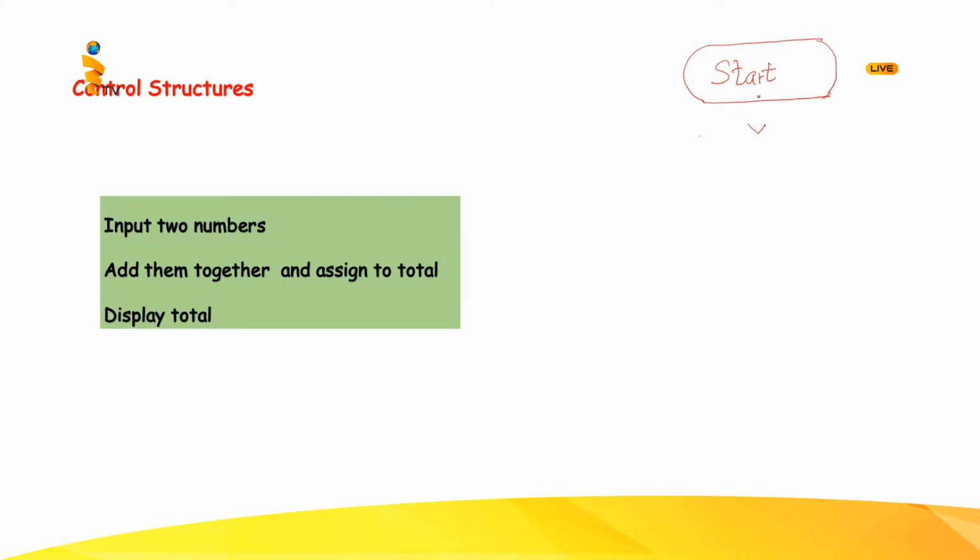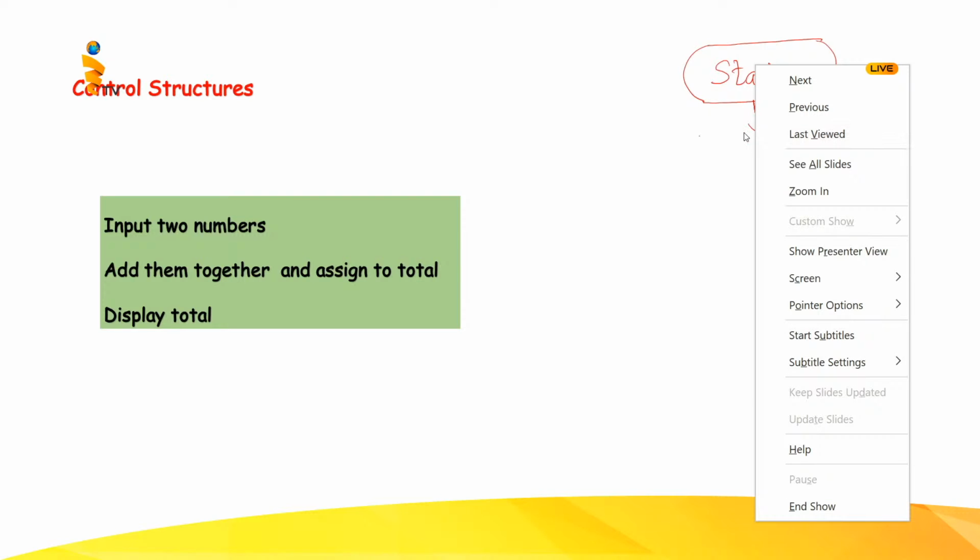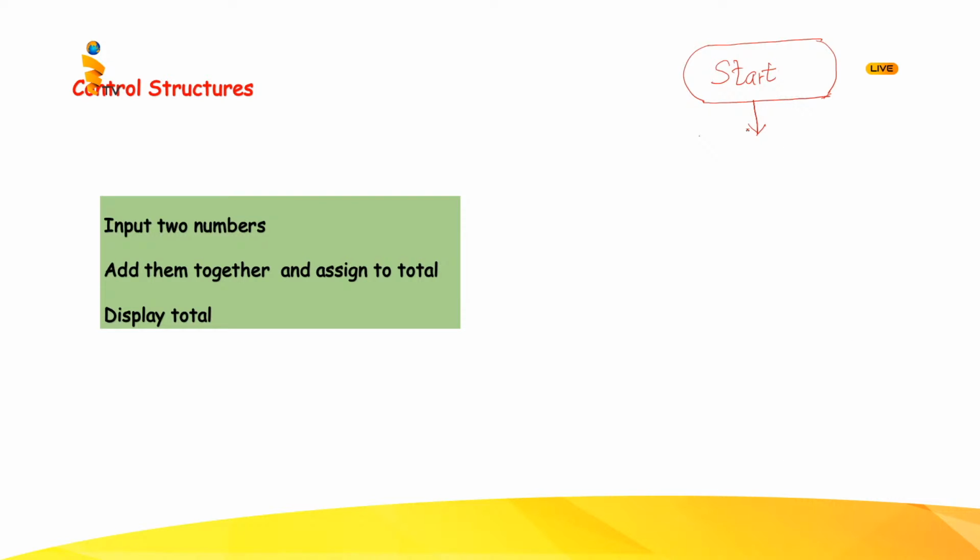Then remember, this arrow should be connected to the symbol I have used. Otherwise, there won't be a program flow, there will be leaks. So, you have to connect those symbols with the arrows. Now, I have to indicate I am going to input two numbers. So, what is the symbol I am going to use? I am going to use a parallelogram to say I am going to input two numbers.